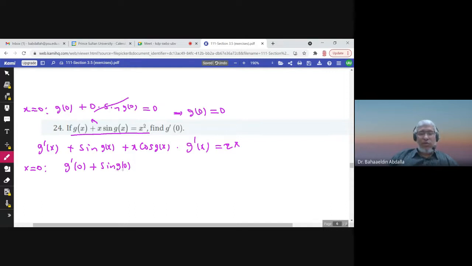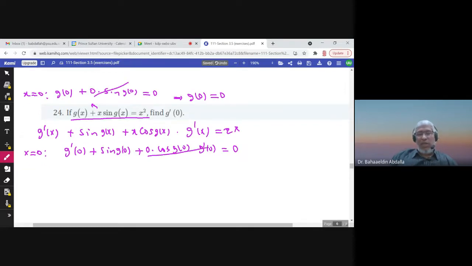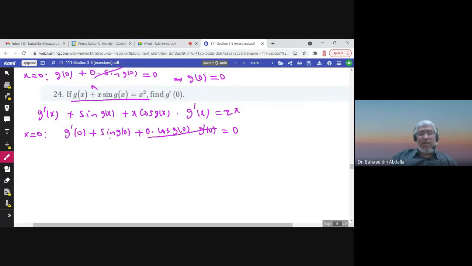Good. So sine g of 0 would be sine 0, but let this be in the next step. x is 0 times cosine g of 0, g prime of 0, equals 2 times 0, which is 0. So 0 times anything is cancelled. And sine g of 0, g of 0 is 0, so sine 0 is also 0, so this would be cancelled. So g prime of 0 would be 0. So g prime of 0 is 0.